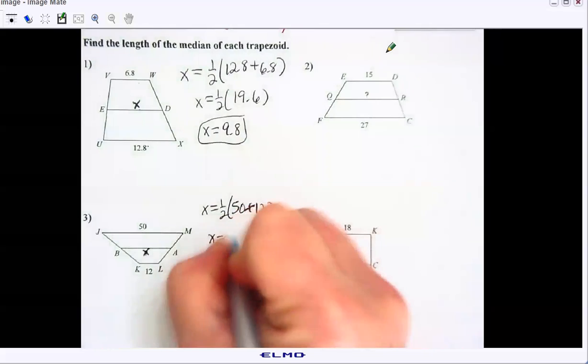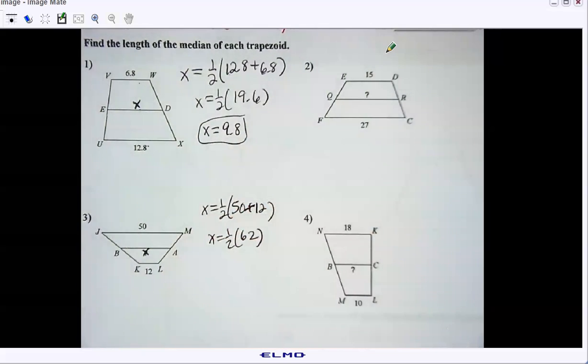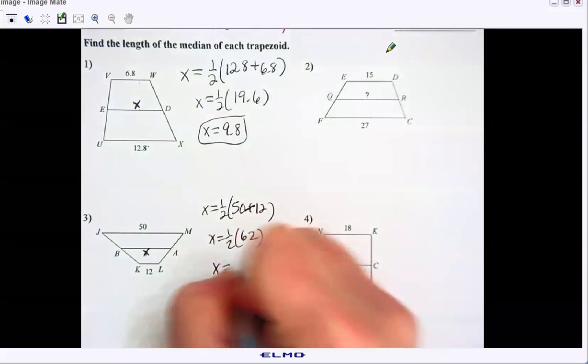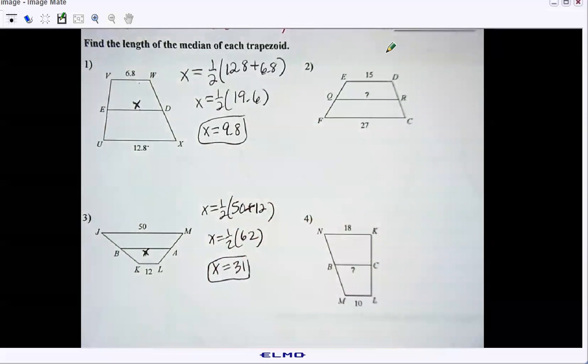So we get X equals 1/2 of 62. And what's 1/2 of 62? 31. Good. That's it.